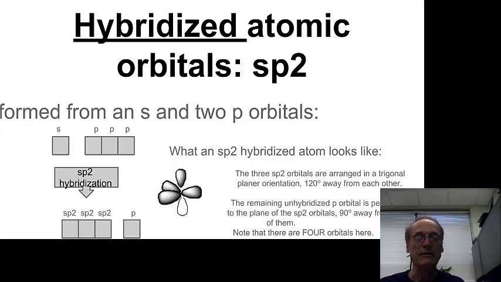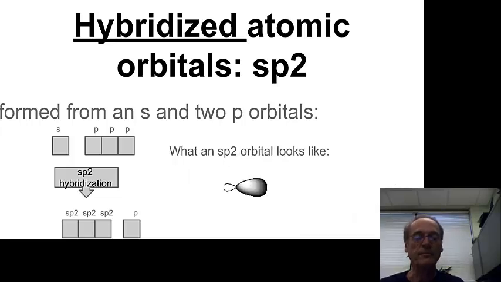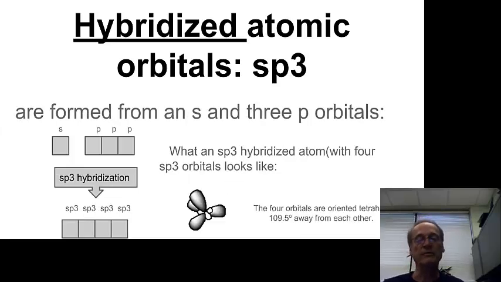Okay. Now let's back up to the sp3 for a minute and ask ourselves, now assuming that this is an sp3 hybridized atom, what atom is it? Is this carbon? Is this nitrogen? Is it oxygen? In fact, it can be any of those. It really doesn't matter. But depending upon which atom it is, that's going to determine how many electrons there are in here.